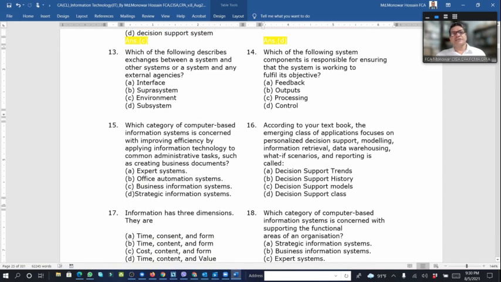Which of the following describes the exchange between a system and other systems, or a system and any external agencies? Interface, subsystem, it is the interface.